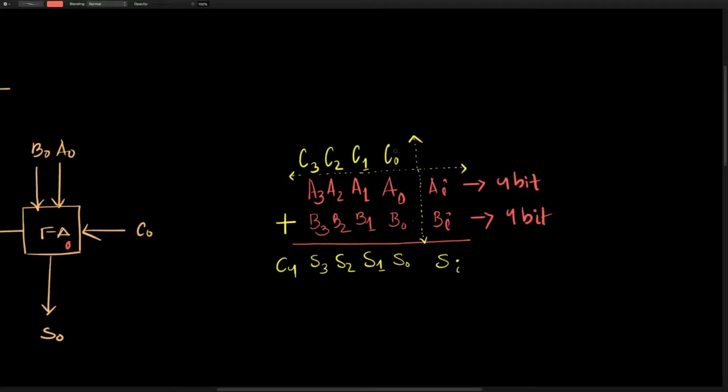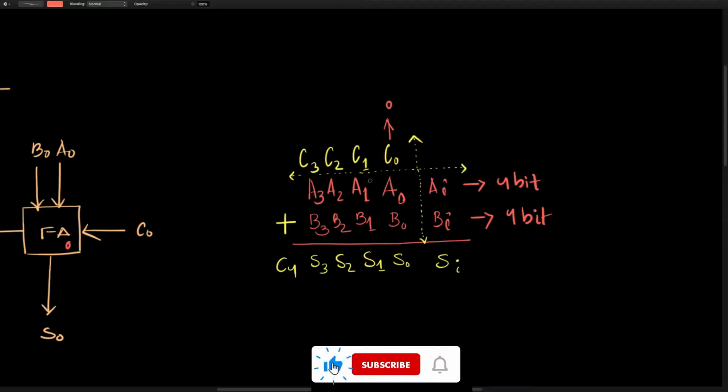For the first bit calculation, there is a carry of c0, which is obviously going to be 0, since for the first bit calculation there is no carry. The summation of these two is going to be s0, and the carry from that bit calculation is going to be c1.